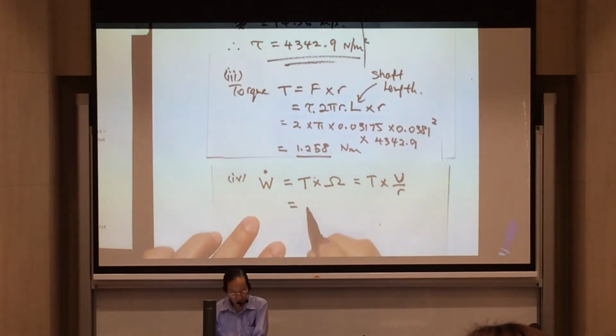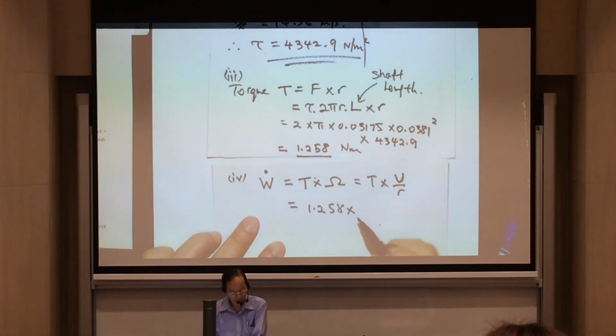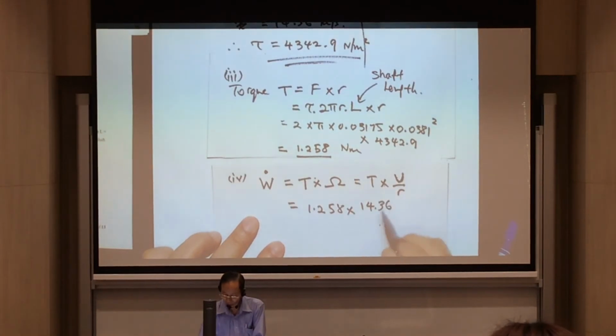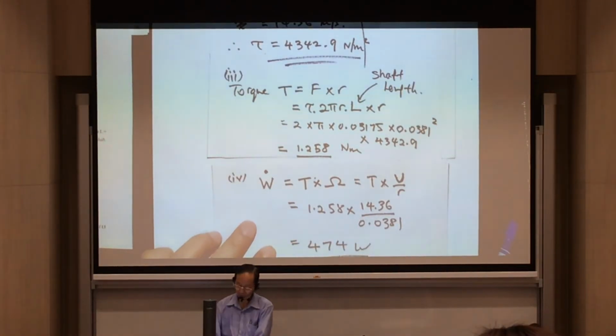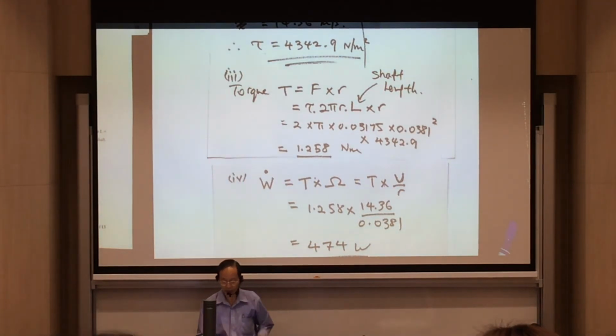So torque is 1.258 times u, 14.36, over a, 0.0381. So we get about 474 watts.